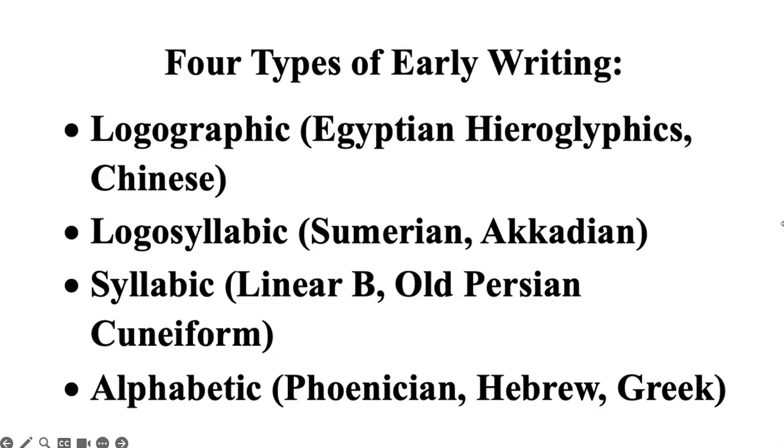So in the modern world, we have the Roman alphabet, the alphabet that we use in English and many European languages, the Greek alphabet, which is used primarily today for modern Greek, and the Cyrillic alphabet, which is used for Russian and some, although not all, of the Slavic languages of Eastern Europe, as well as certain languages that were traditionally Soviet or Russian imperial dominions across Asia, like Mongolian. In Mongolia, they use a modified version of the Cyrillic alphabet as well.